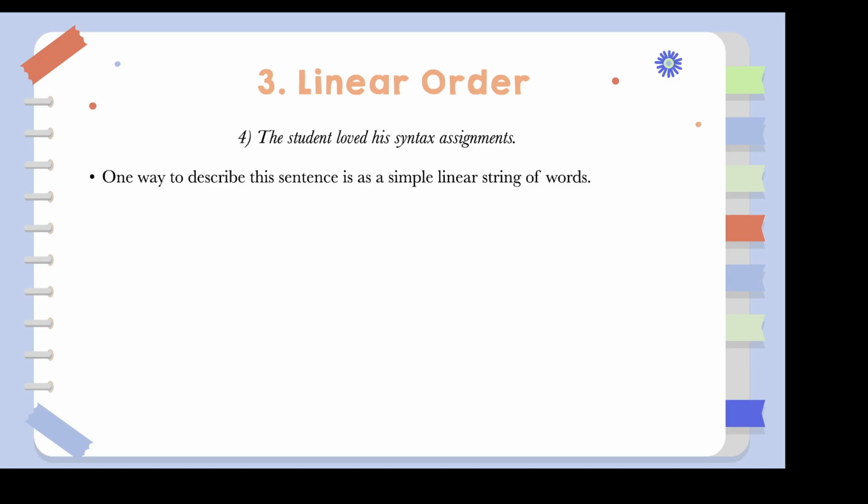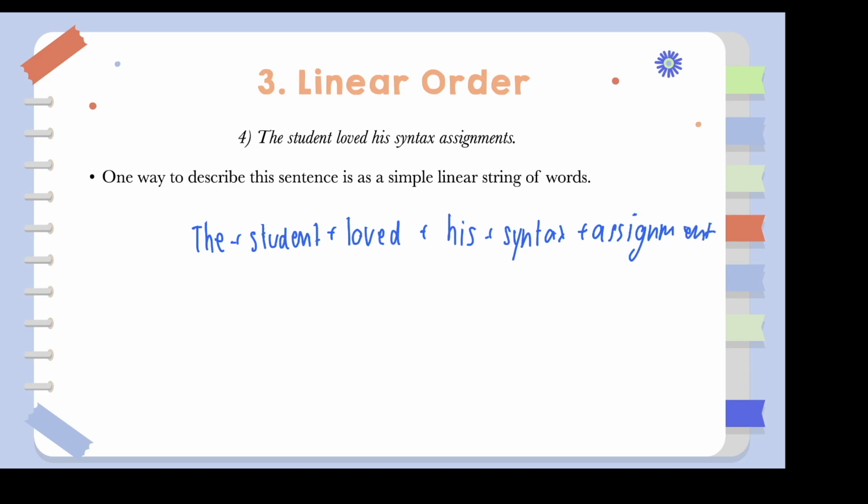So this sentence is organized in a linear way. First we have the, then student, followed by the word loved, then his, syntax, and assignment. This is what we call linear order.